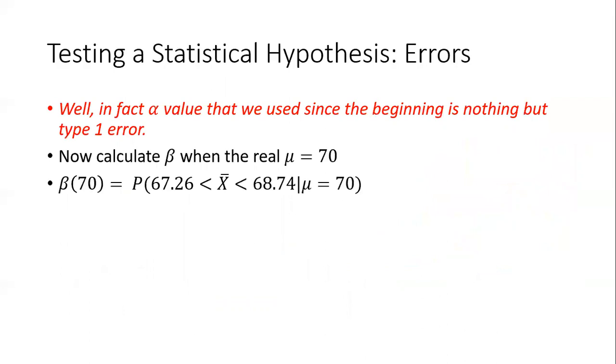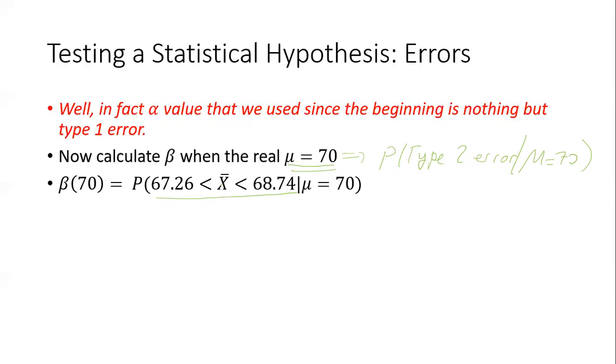Okay. So now let's calculate beta when the real mean is equal to 70. I will calculate the probability of type 2 error, given that mu is equal to 70. So what's the probability of type 2 error? It is not rejecting H0.